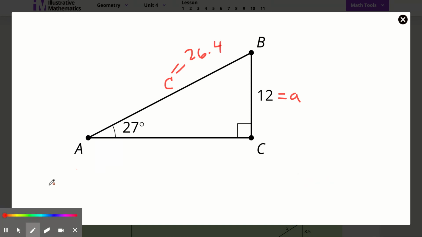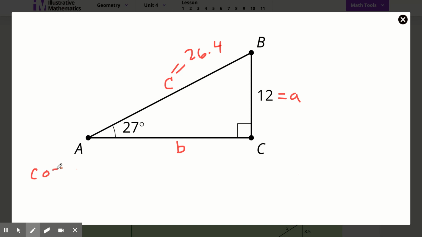All right, now we want to find out what B is, right? In order to find B, I'm again going to go back to my trig ratios. With respect to angle A, opposite over adjacent is tan, or I can say adjacent over hypotenuse. Since I already know what C is, I'd rather use cosine.